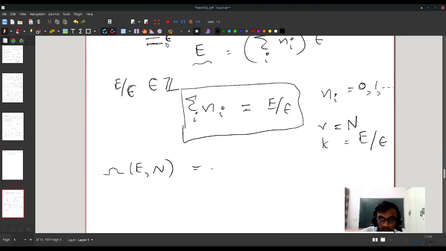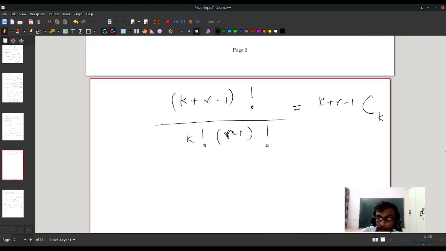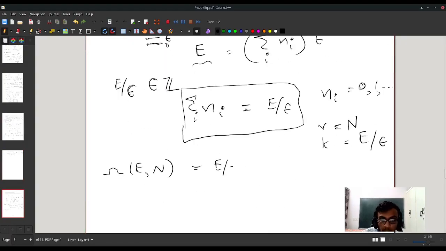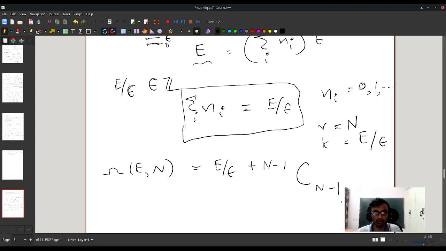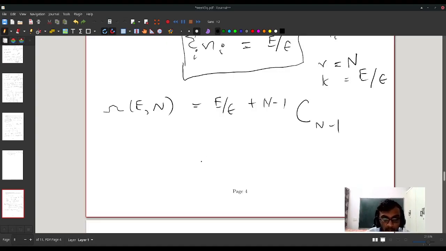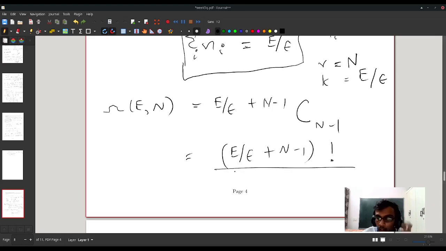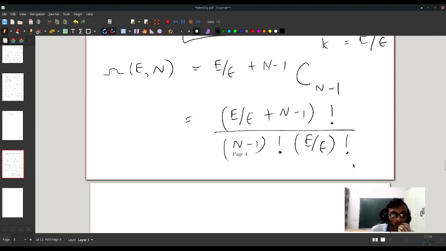So it is going to be E by epsilon plus n minus 1 choose n minus 1, which is going to be this factorial divided by n minus 1 factorial and this. Yes, very good.